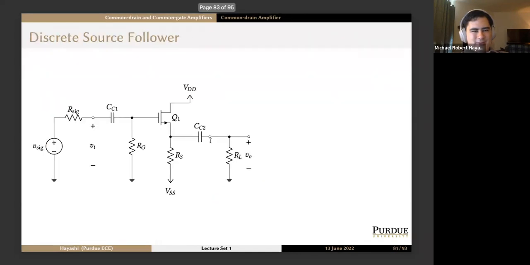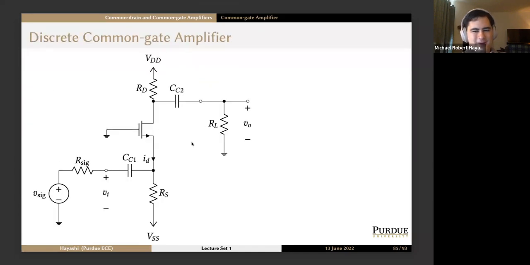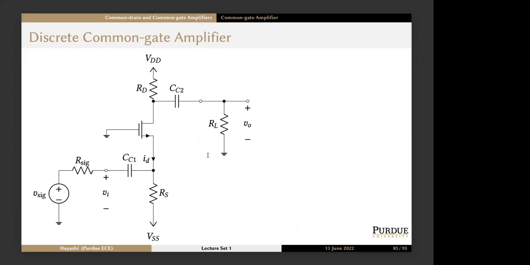The discrete common drain, discrete source follower, on slide 81: input goes into the gate, output is taken at the source, must be a common drain amplifier. 5 seconds. Discrete common gate amplifier on slide 85: input goes into the source, output taken at the drain, must be a common gate amplifier. Does that help you, Brandon? Yeah, that does. Thank you. Cool.